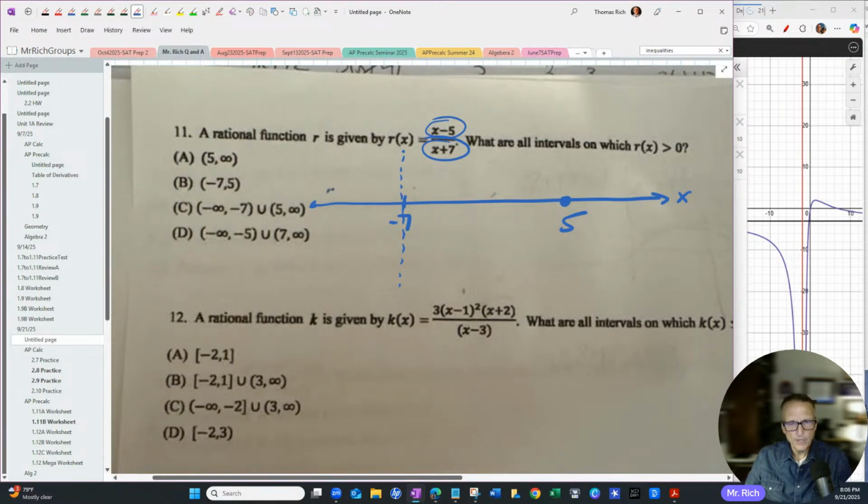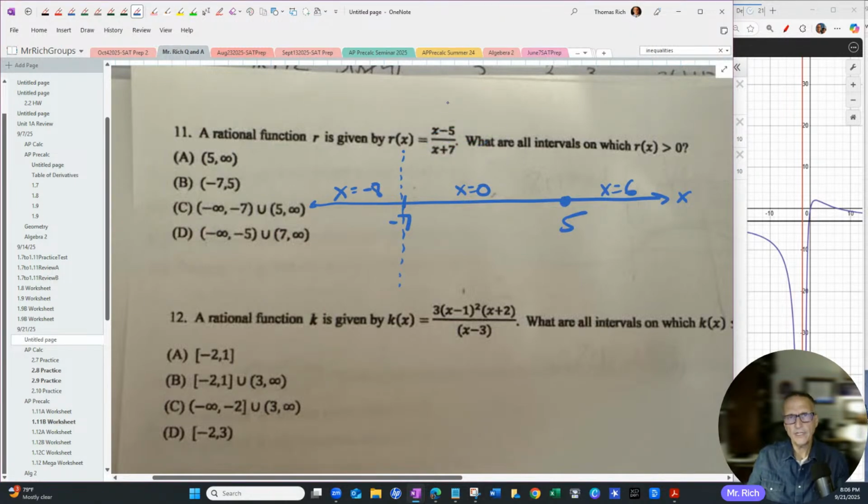What we're going to do is pick what I would call test points or test values for x. I'm going to choose just to the left of -7. I'll choose x equals -8 to represent all the numbers that are to the left of -7. I'll choose x equals 0, the most convenient x value between -7 and 5. And then we will choose x equals 6. Then we're going to plug these test values into the function. I don't care what the number is.